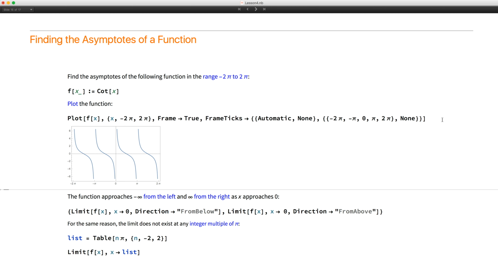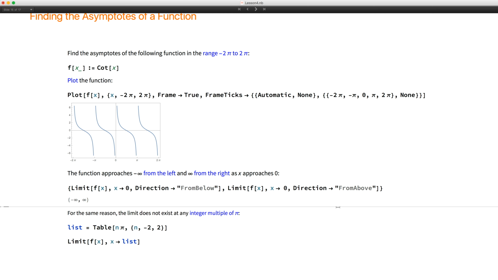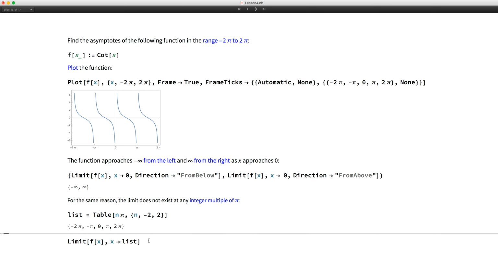And the plot seems to say that there are problems at 0, you can see over here, and then at pi, and then at 2 pi, etc. So let's look at 0, and you see that the function values are -infinity and infinity from the two sides, so you certainly have a vertical asymptote at 0, and the same thing happens at all the other multiples of pi. So you can see a limit does not exist at any of those points. So given a function, you could try to plot it and then use limit to figure out where the asymptotes might be.